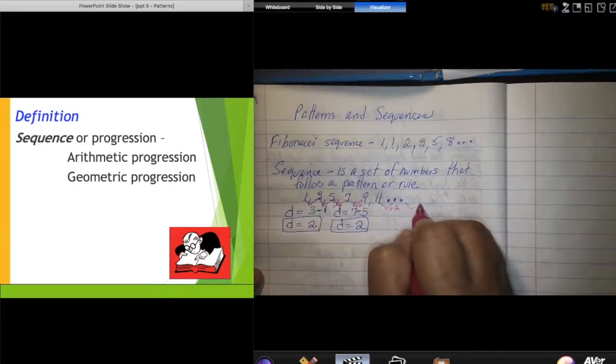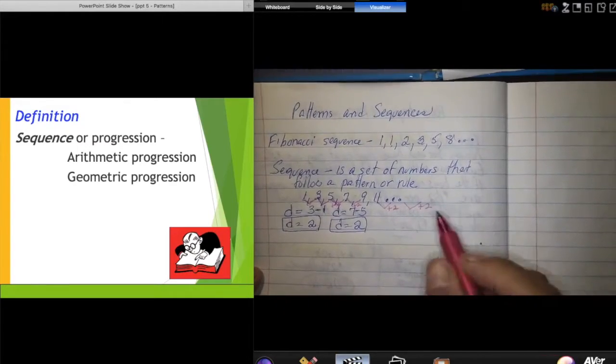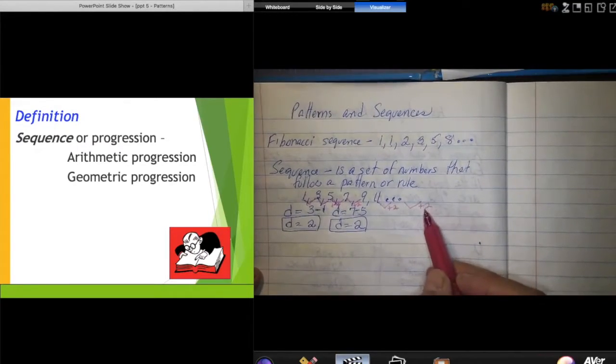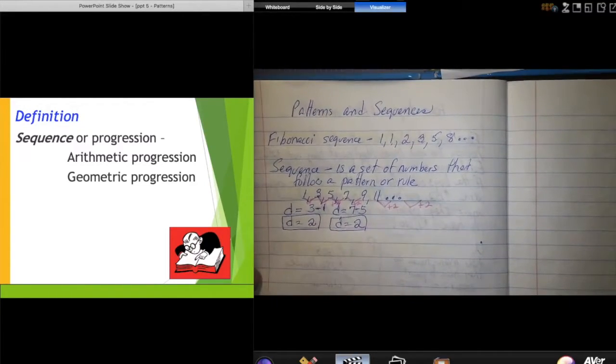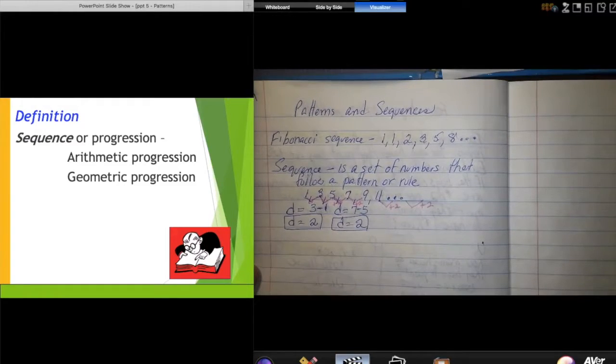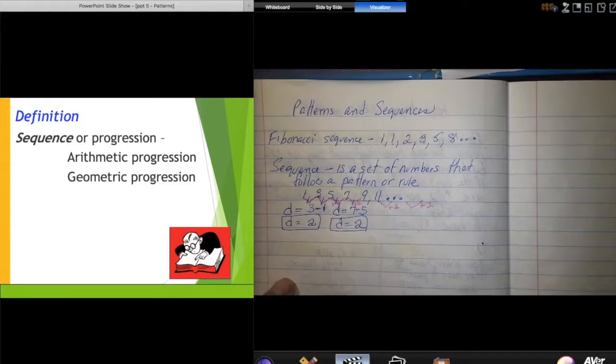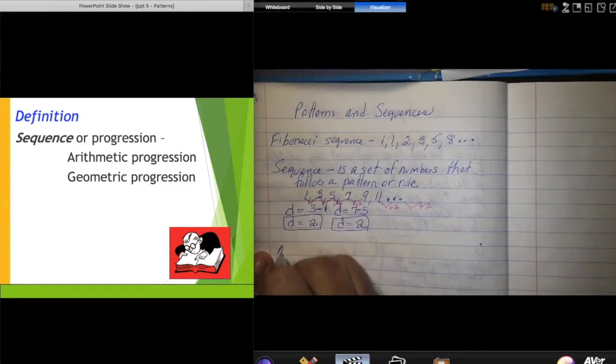And so we are adding plus 2. That plus 2 is called the difference. So this sequence is arithmetic. Okay, so let's define that.